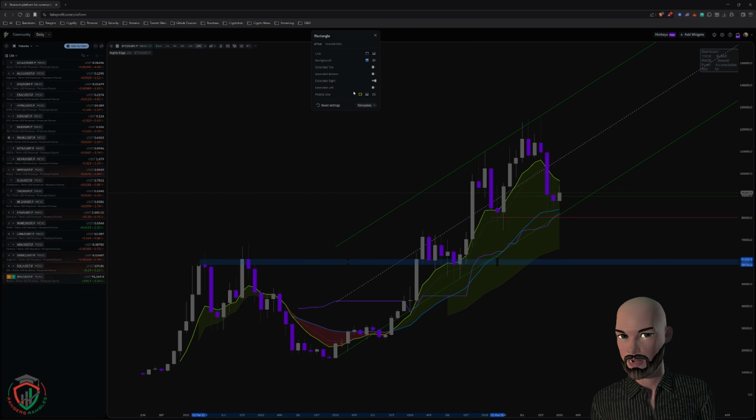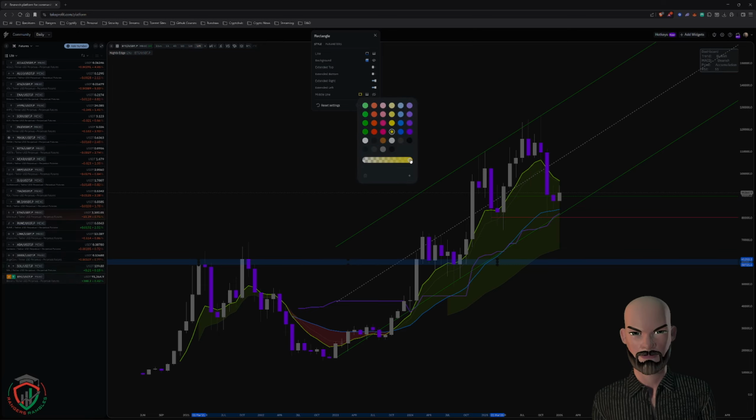Always extend it to the right, it just makes it easier. Should we extend it left? Okay. Middle line. This is a new one, I believe. I think they've only recently added it. The middle line.